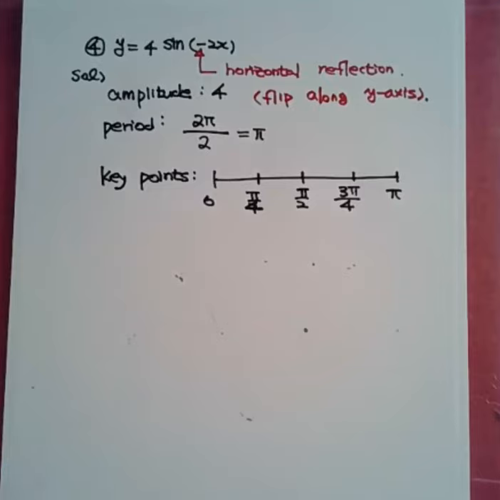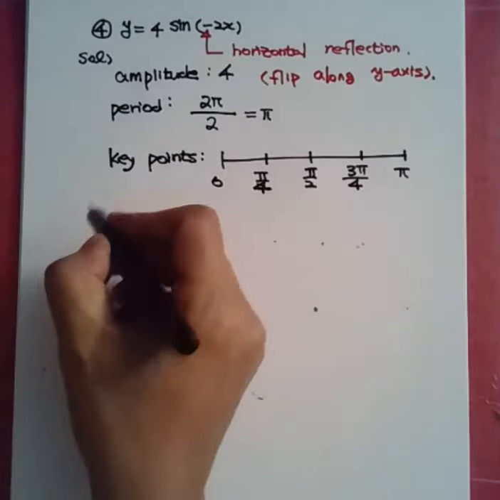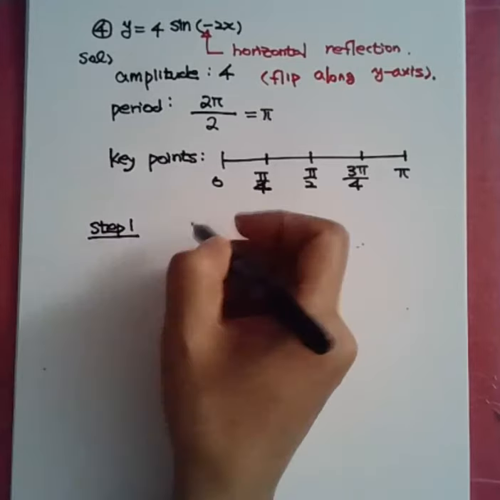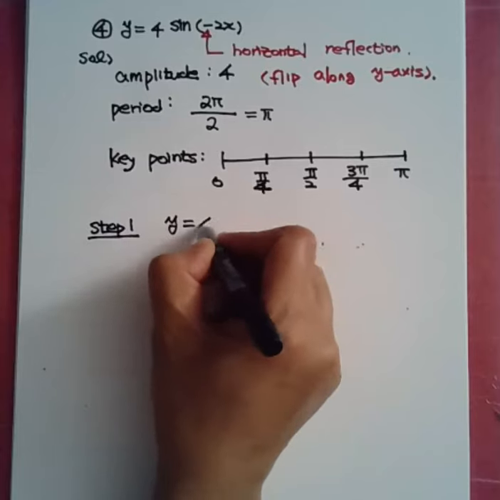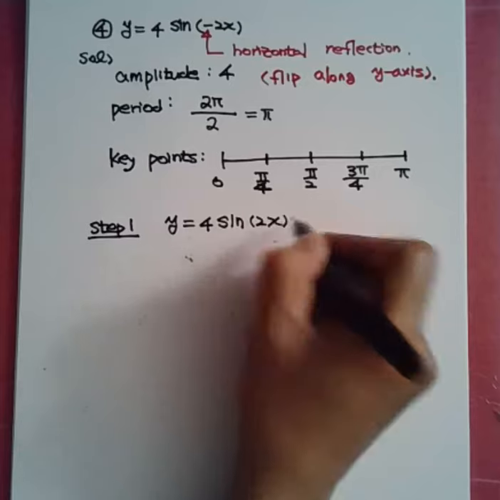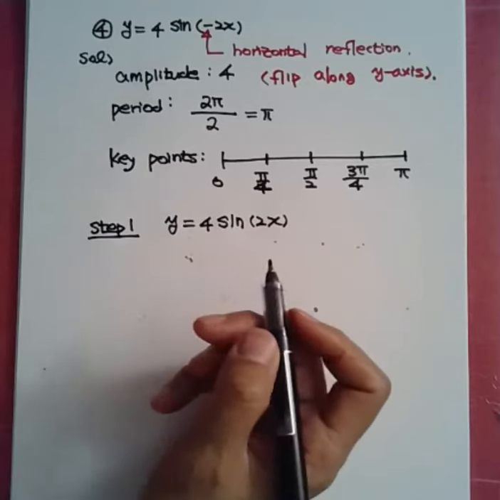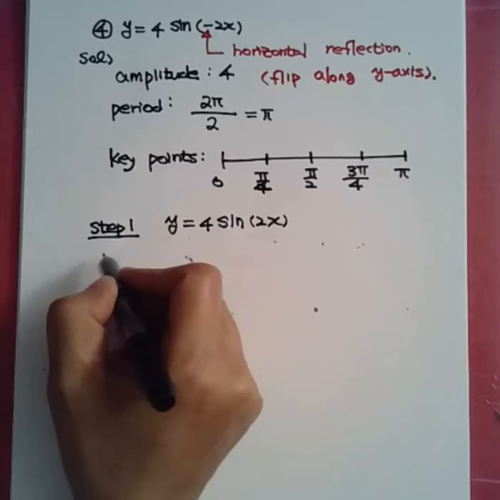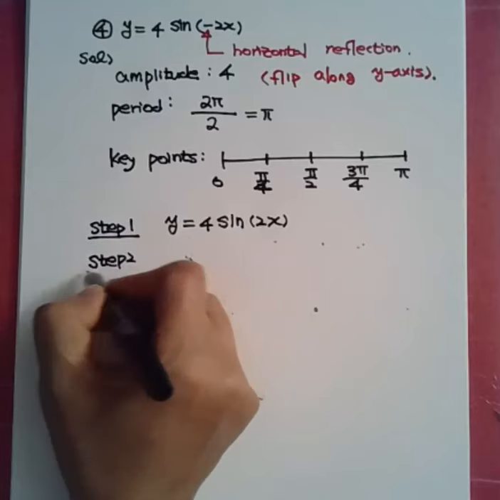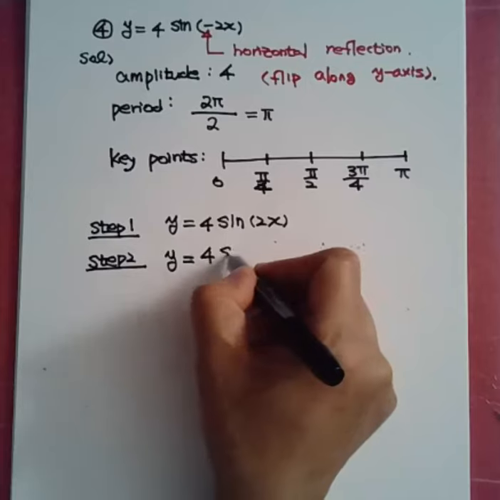There are 2 steps we have to follow. Step 1: we will draw y equals 4 times sine of 2x without flipping, because we just want to follow the pattern of the original sine function. Then in step 2, to finish the problem, we will flip along the y-axis.